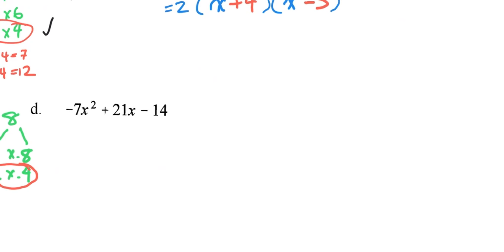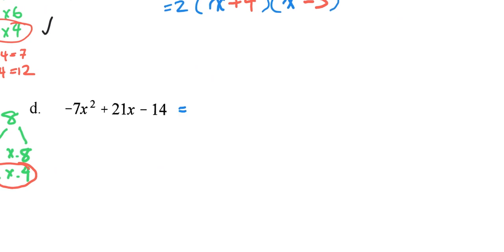Same thing again. All we're going to do is pull off a -7. So we pull off -7, and we're left with, it's like we're dividing each of these by -7, right? So, ready? -7 divided by -7, so you're left with x squared. Now, we have to consider a positive and negative, right?